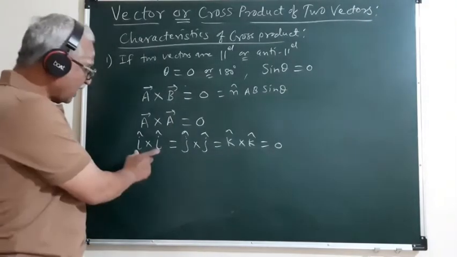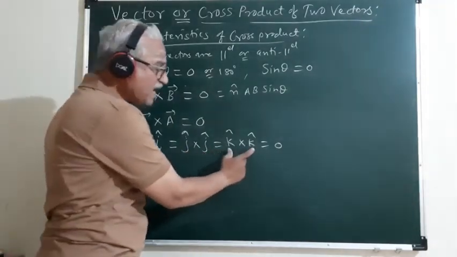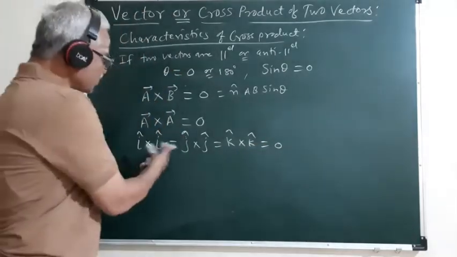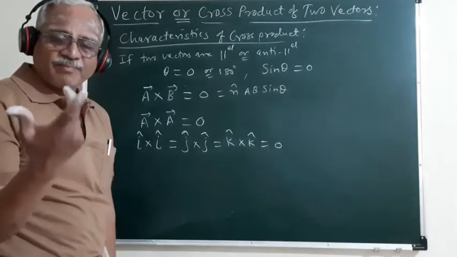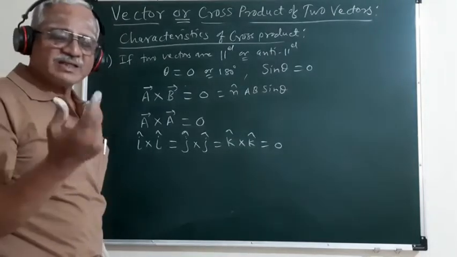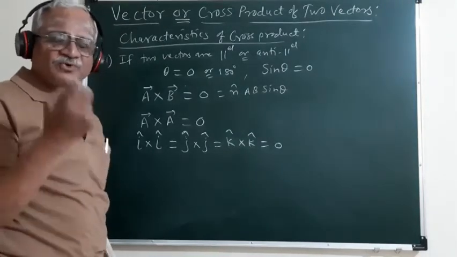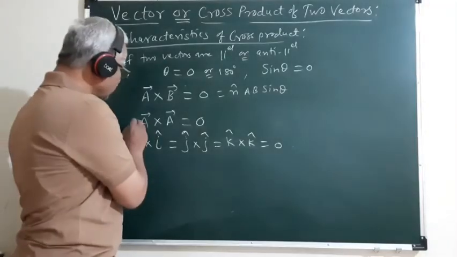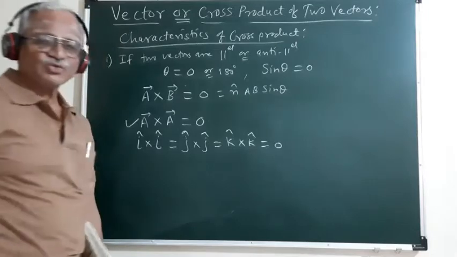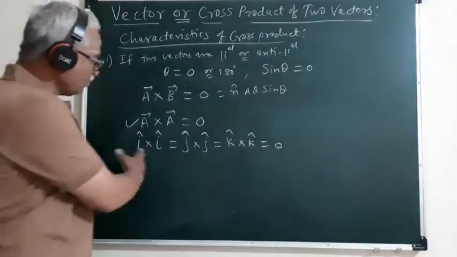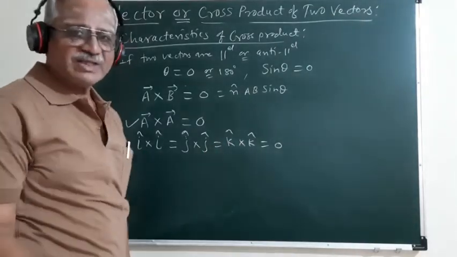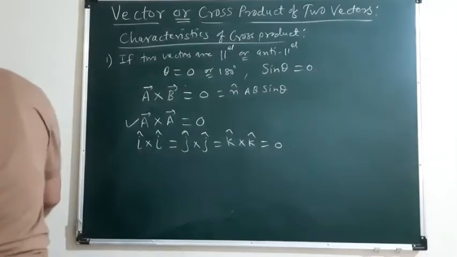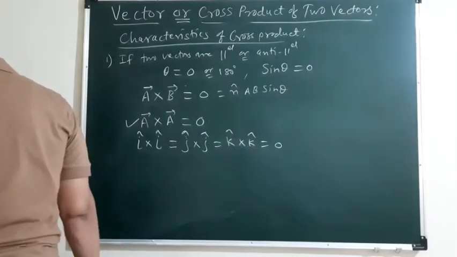That is, i cross i, j cross j and k cross k work out to be equal to 0, because these unit vectors are parallel to each other, or we can say it is nothing but the self cross product of the unit vectors. And here we observe that the self cross product of the two vectors is equal to 0, because the angle theta between them is 0. So this is the first characteristic of the cross product.